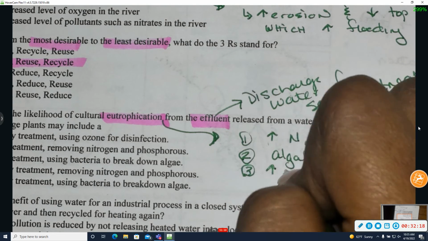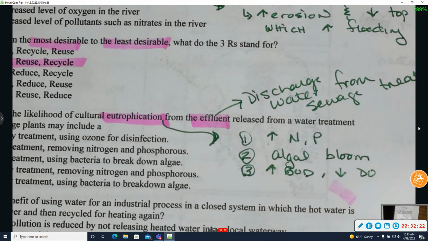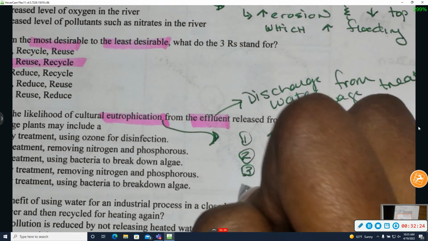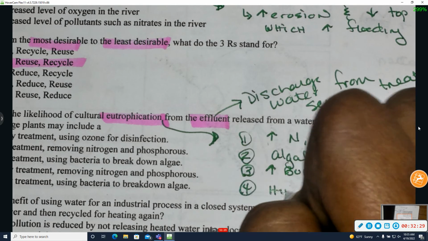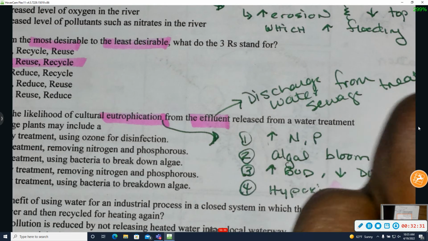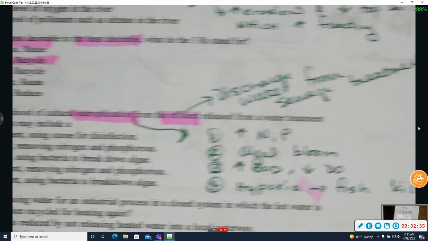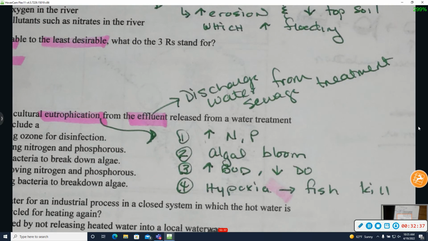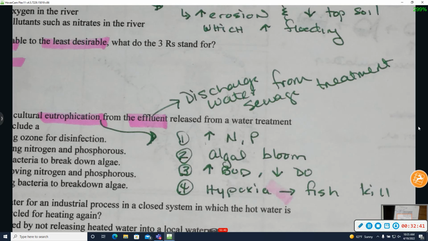We call that the BOD, the biological oxygen demand, which then decreases the oxygen that's already there. And so you cause what's called hypoxia, which can then lead to a fish kill. And that is the process of eutrophication.